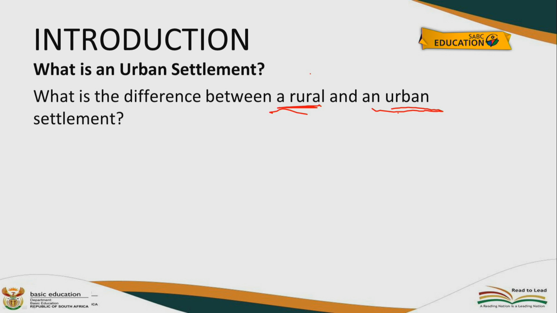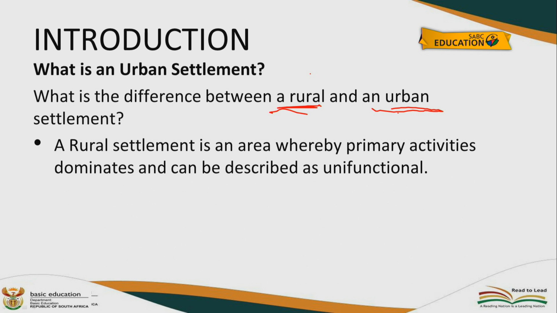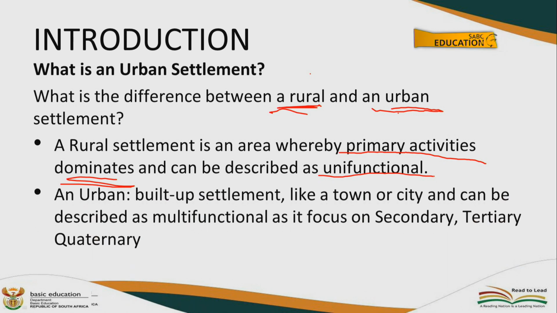Okay, to recap on what you have explained, what is a rural settlement? A rural settlement is an area whereby primary activities dominate. And we describe that as what? As unifunctional. When we look at urban settlement, we are indicating that it's a built-up settlement, like a town or city, and it can be described as multifunctional.